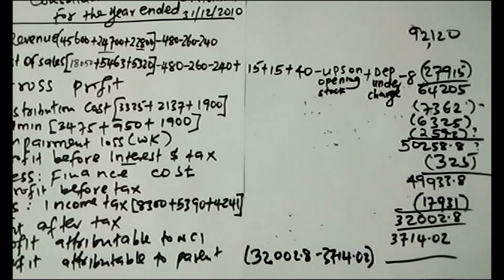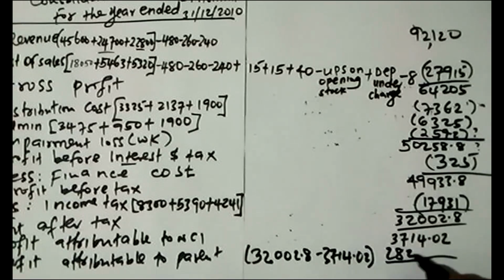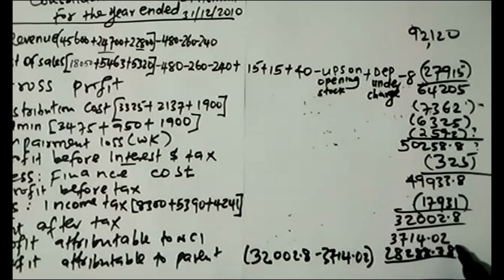That is 28,288.78. And that is how you were supposed to do the income statement.